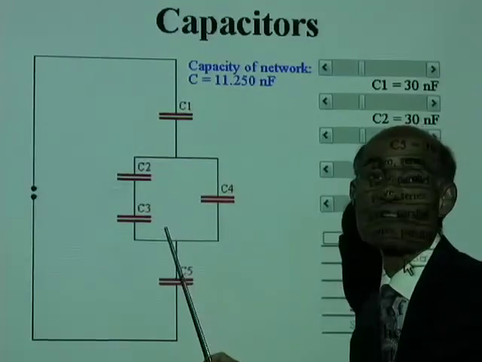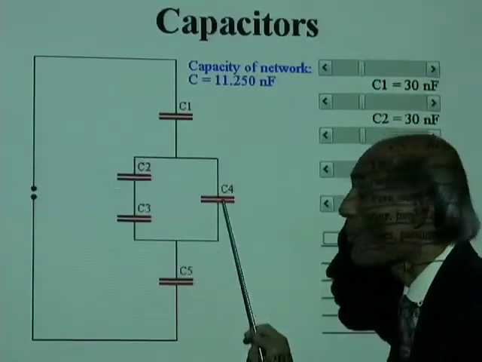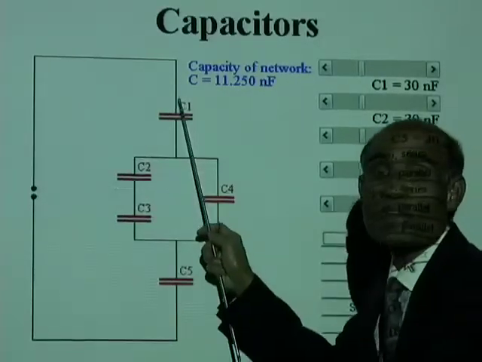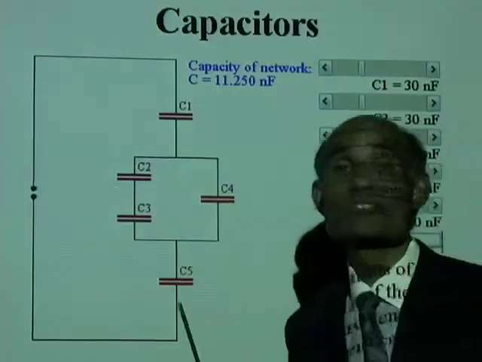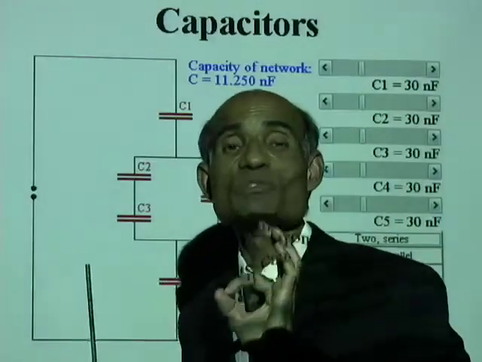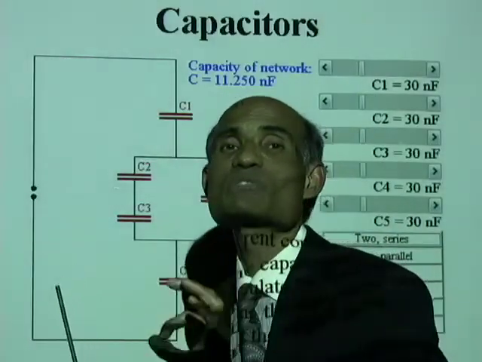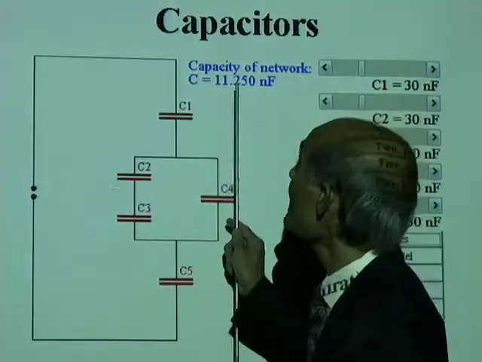It will be 45 nanofarad. Now you have a 30, a 45 and a 30 in series. You need to calculate it using the formula 1 over C equal to 1 over C1 plus 1 over C2 plus 1 over C3, and see whether you get this.